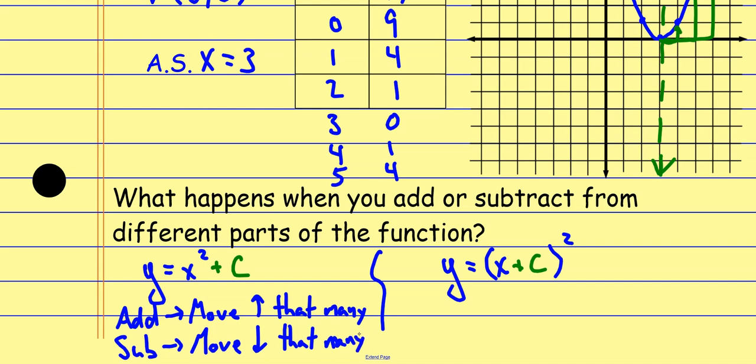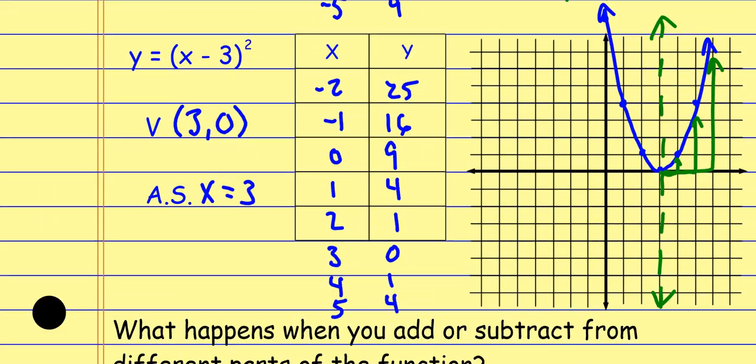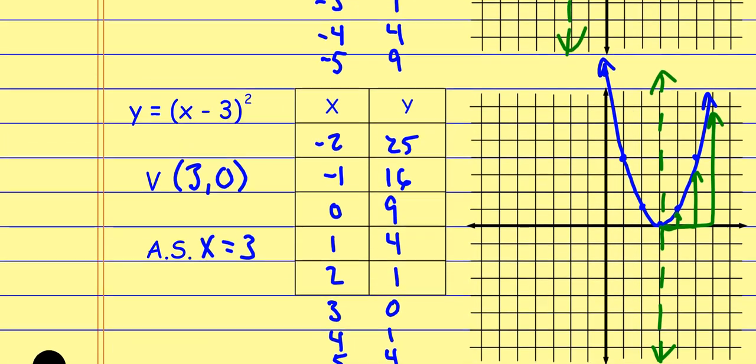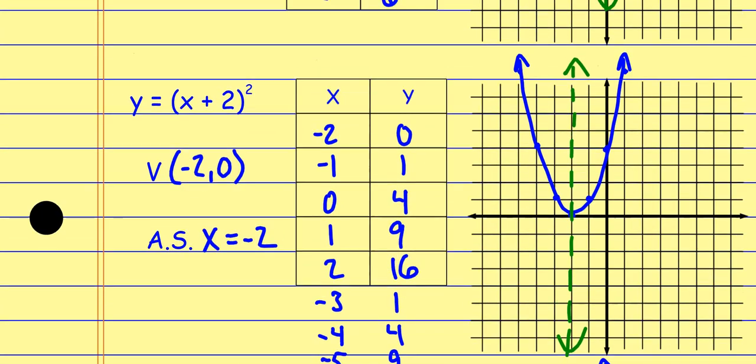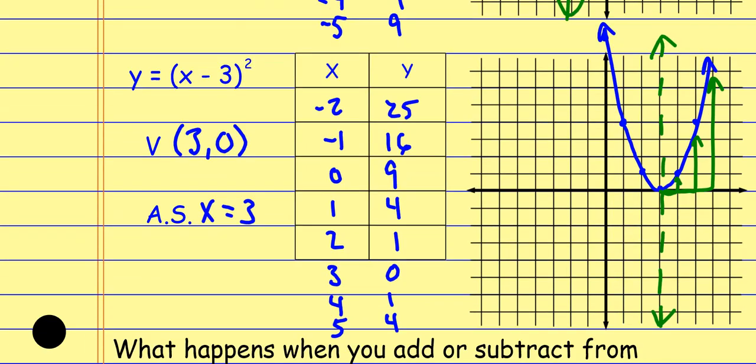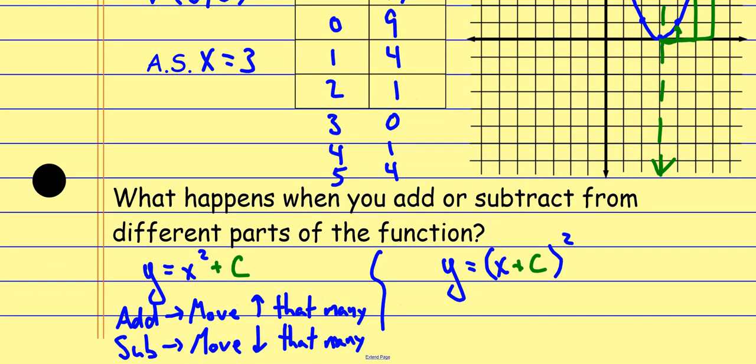And then what happened over here, this one's a little bit trickier. When you look at this guy, here's where I added, here's where I subtracted, and notice it moved the whole parabola to the right. Here's where I added, and it moved the whole parabola to the left. And so that should tell us right here, when I do this thing, if I add, it moves this thing to the left, that many.